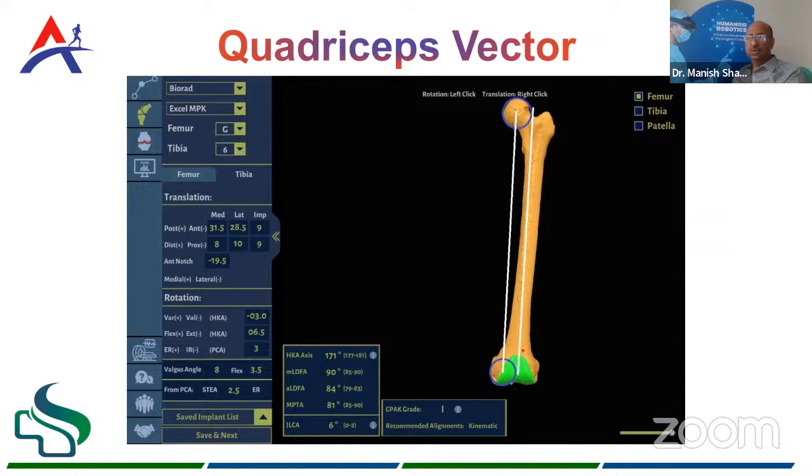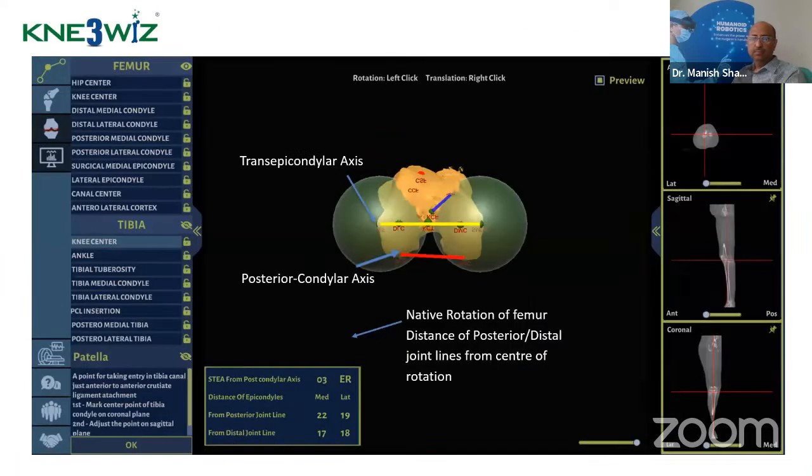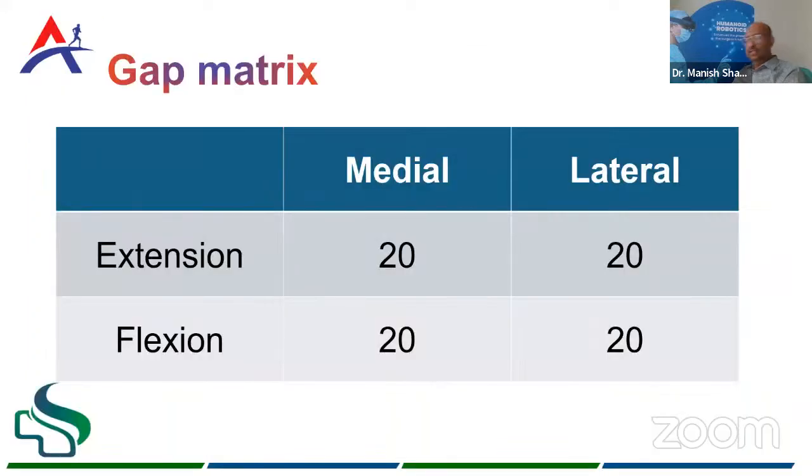Aligning the trochlear groove of the component to the quadriceps vector helps in achieving good quadriceps function. This is something which we very commonly see with robotics.